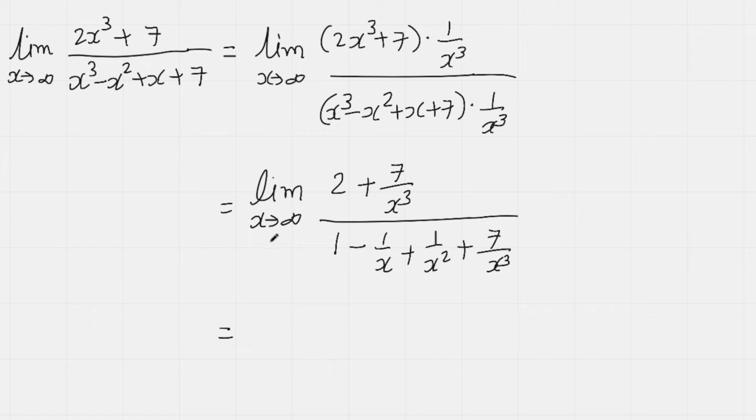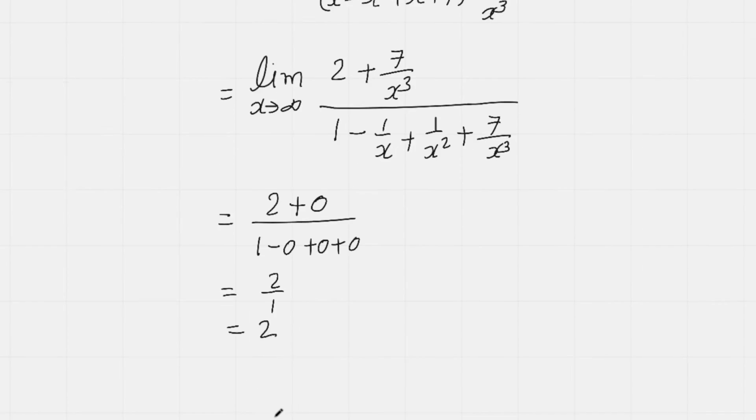Now let us plug in the limit as x approaches infinity. So the limit of 2 is just 2, plus 0. In the denominator we will get 1 minus 0 plus 0 plus 0. So this is 2 over 1, which is equal to 2. Now let us see one more function in which the degree of the denominator is smaller than the degree of the numerator.